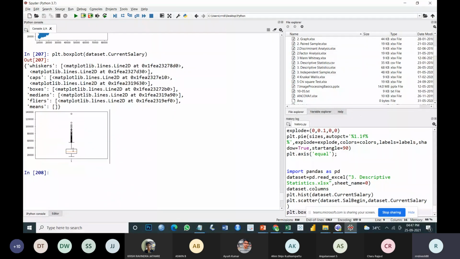Any dots or bubbles above or below the whiskers we call outliers. That is the box plot. Box plot is used to check whether the data is normally distributed or not, and also to find the outliers.